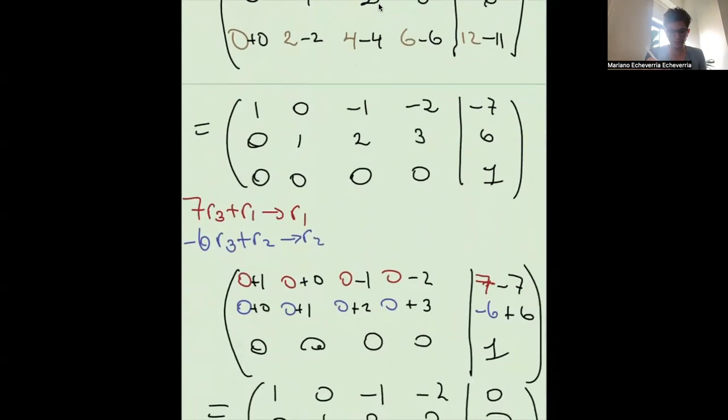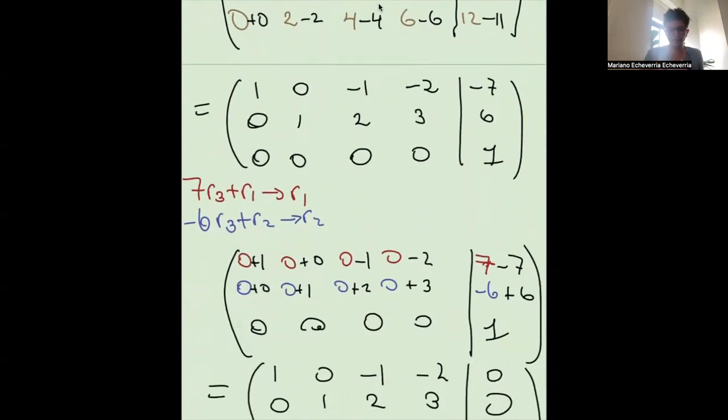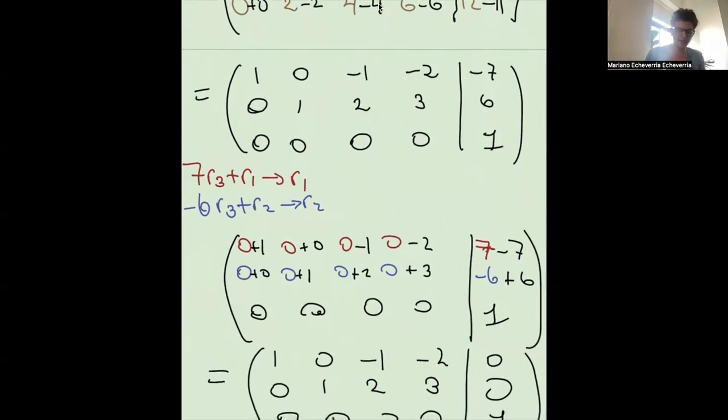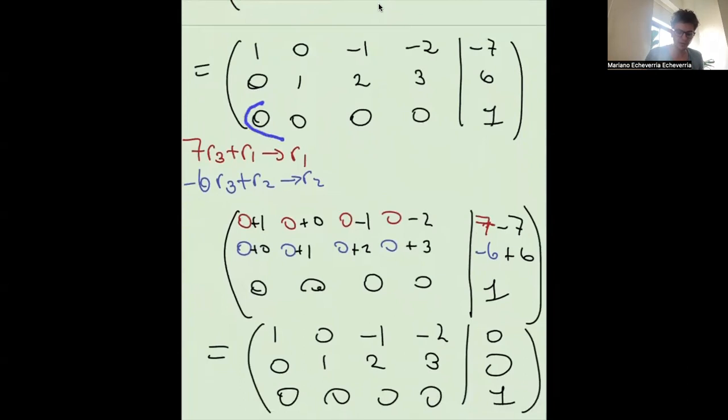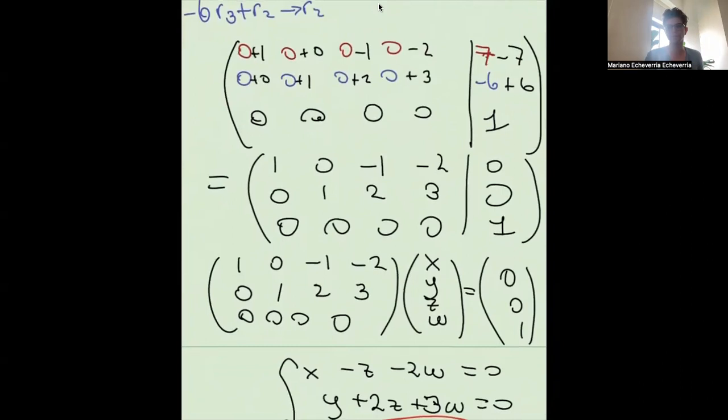Once you get to the row reduced echelon form, if the system is inconsistent, that's very easy to identify, because an inconsistent system will always have a row full of zeros followed by something that's non-zero after the vertical line. Whenever you reach something like 0, 0, 0, 0, vertical line, non-zero number, that will be an inconsistent system.